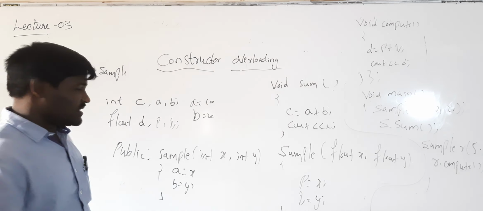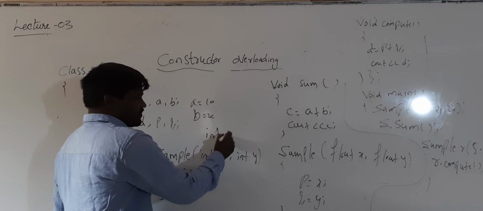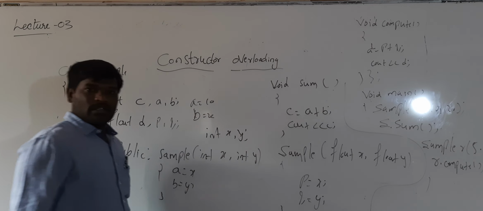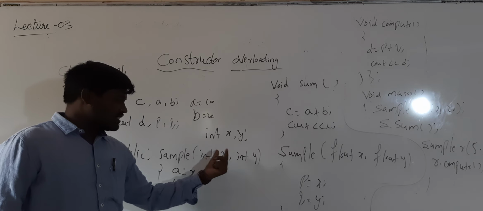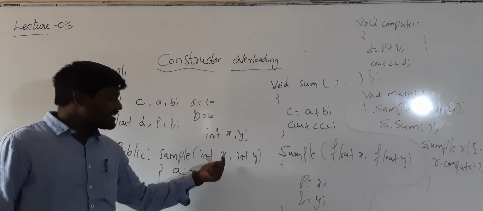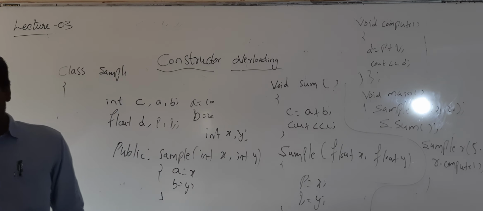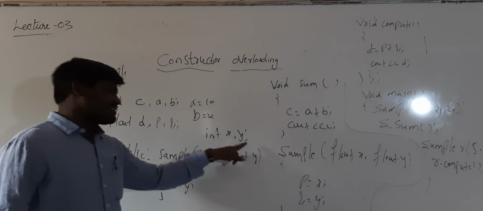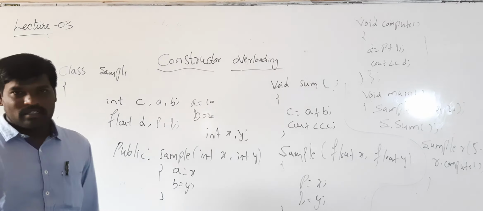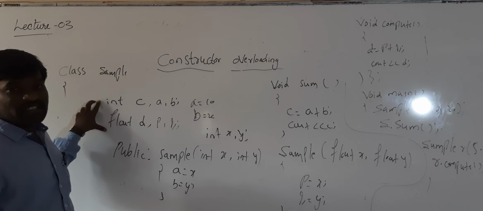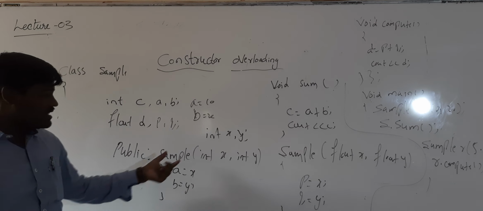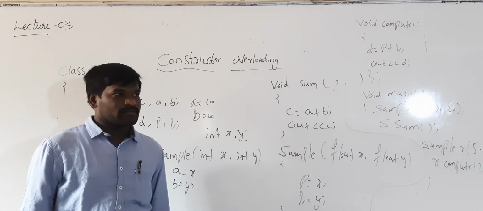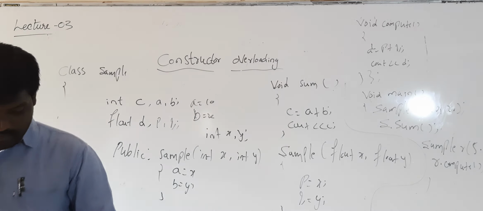Okay, and one more thing is, don't write like this: int x, y. If it is an argument, each argument must be declared with its data type. Don't write like this: int x, y. That is only for the private section, that is the data members, not the argument values. Okay.